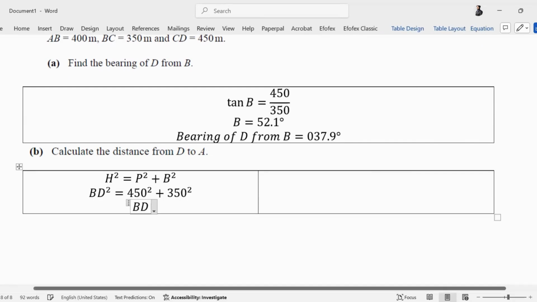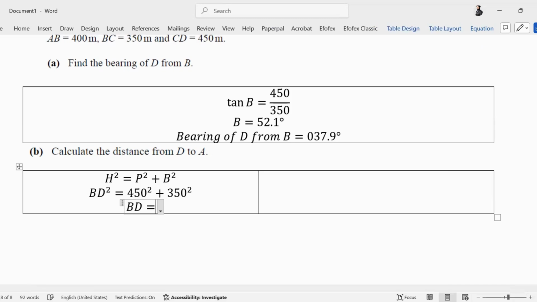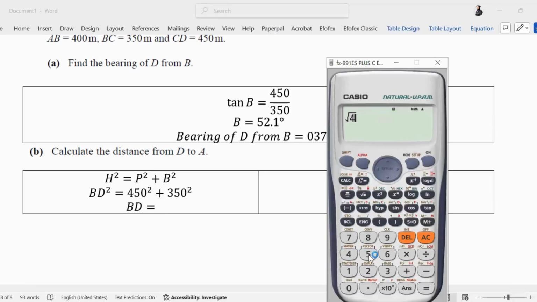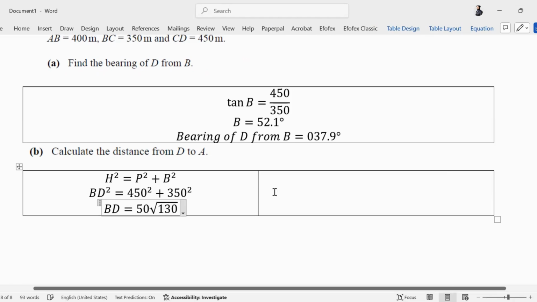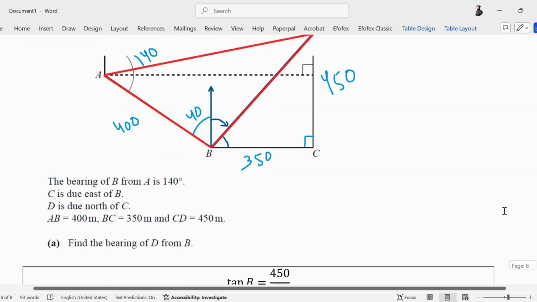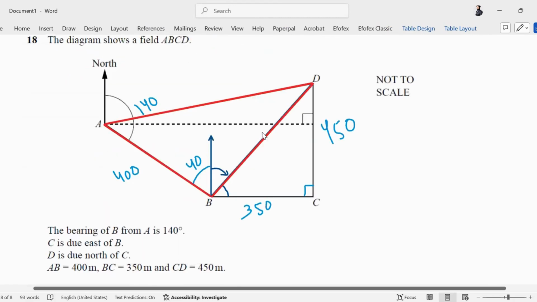I'll underroot the entire thing and the calculator must give me the answer, which is 50 root 130. I'll write it this way because I'll need this value in the next part. So I'm trying to keep it exact, which is in the form of surds.